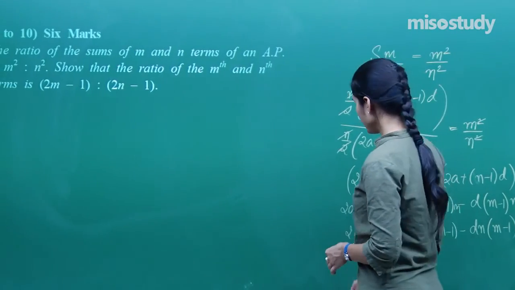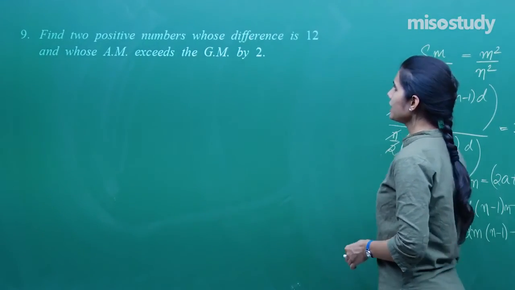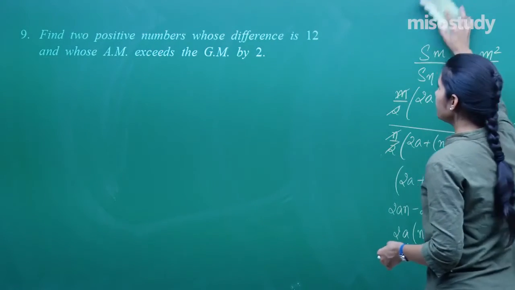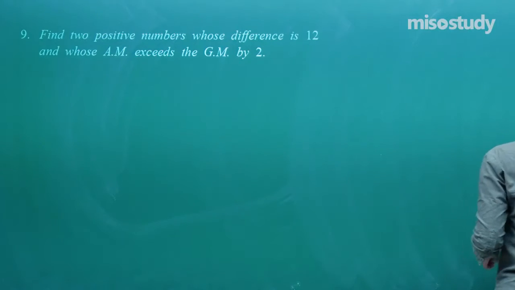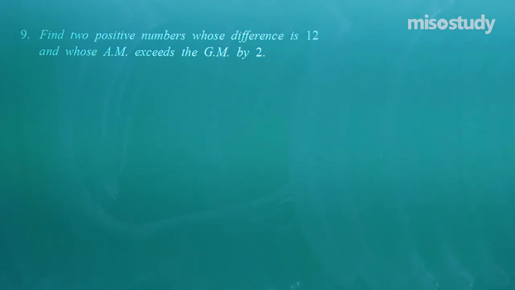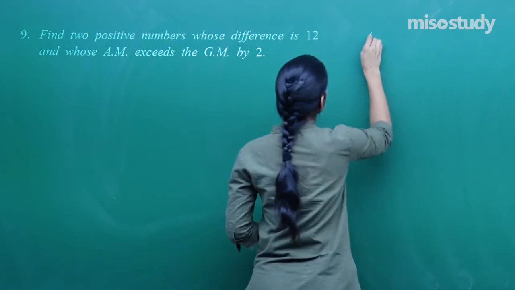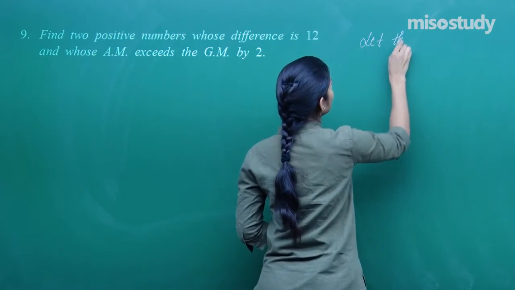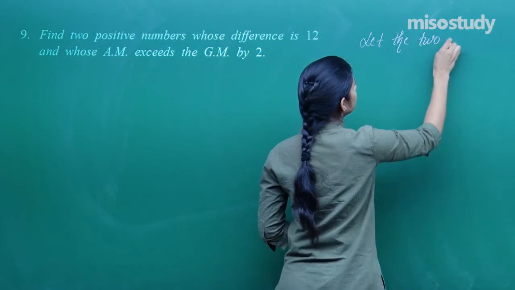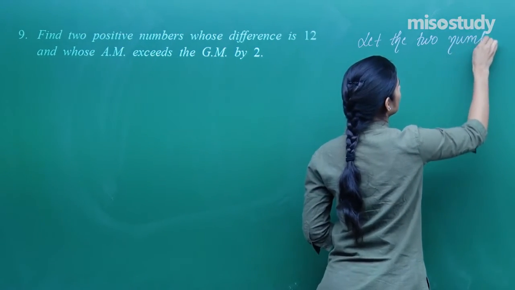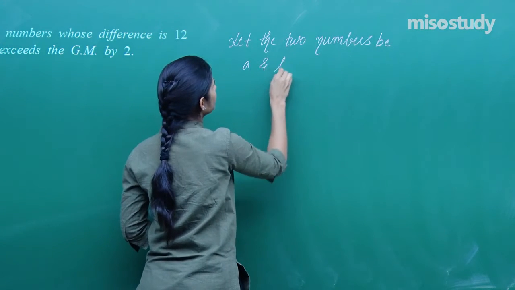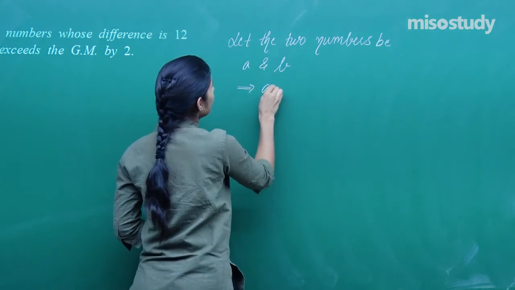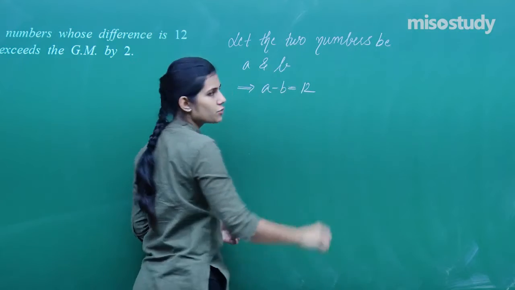Clear? Easy enough? Next question says find two positive numbers whose difference is 12 and whose AM exceeds the GM by 2. Now two numbers, let us assume them to be A and B. A minus B is given to you as 12.